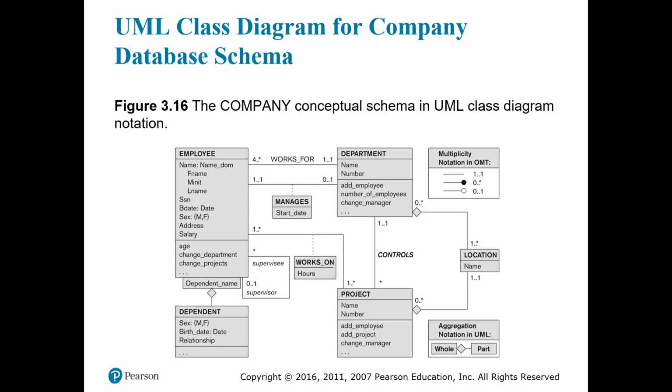The box is an entity, and the individual attributes for that entity are in the rectangle. It starts to look closer to data that you would store, like the start date of a manager managing a department. That's going to have to be modeled as a table. Each one of these equates to a relational database table, which to me is a little less conceptual and weird looking, and something I can actually do something useful with.